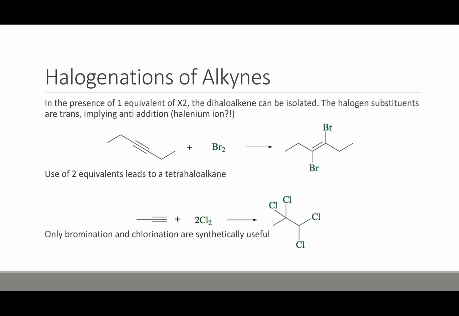So you'll halogenate the triple bond to a double bond, and then you'll halogenate that double bond into a single bond with more halogens on it. So here, if we start with this triple bond and we halogenate fully, you'll see that you end up with 4 chlorines across where the triple bond once was, but now a single bond.